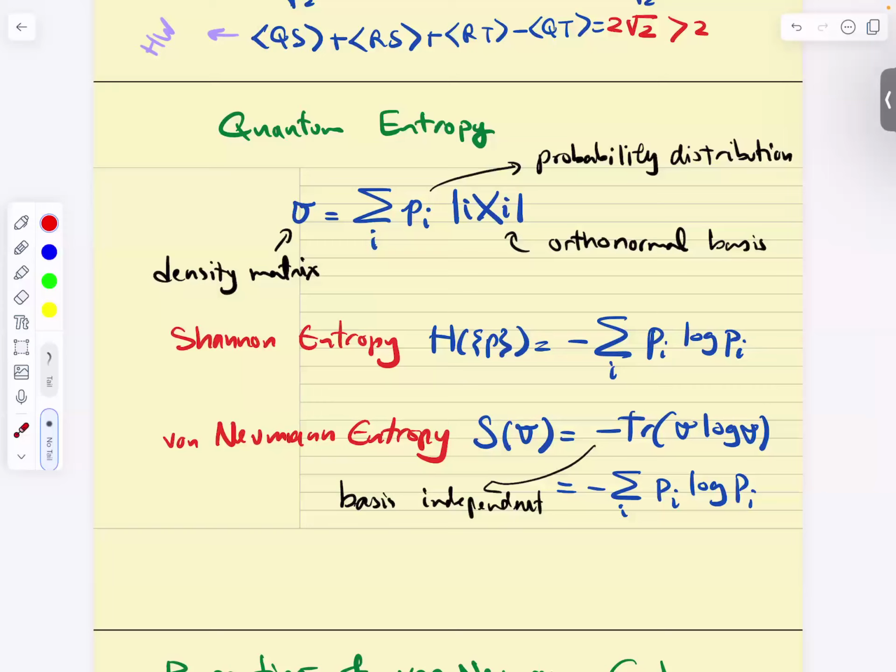This is the amount of information you lack about something. When Shannon entropy is 0, you know everything. When Shannon entropy is large, there's a lot you do not know.